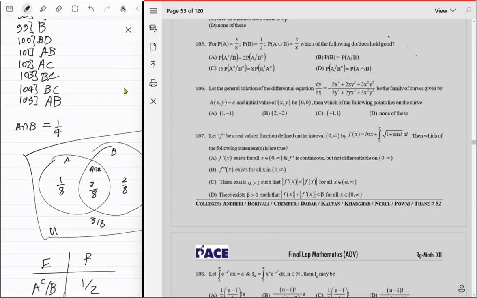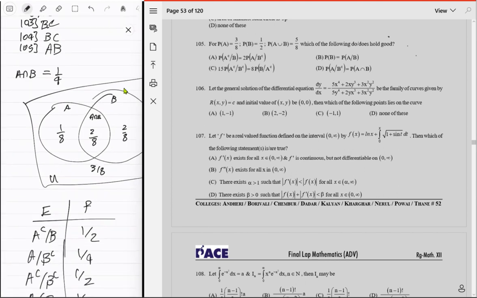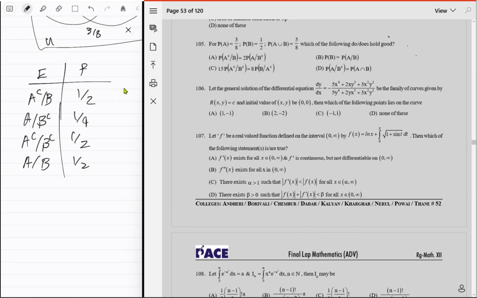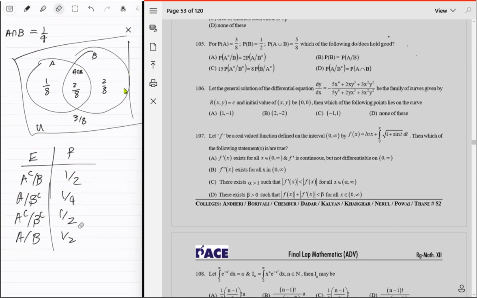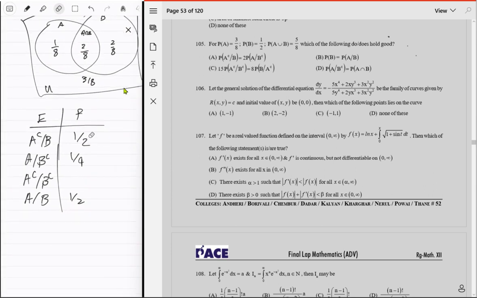What else? 15 has probability of A not happening given B not happening. Wait, this came out wrong, right? Yeah. Wait, okay. 3/8. Right, 3/8 upon 4/8, like 3/4 over there. Let's check from here.